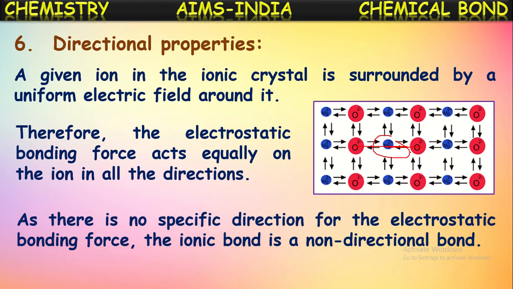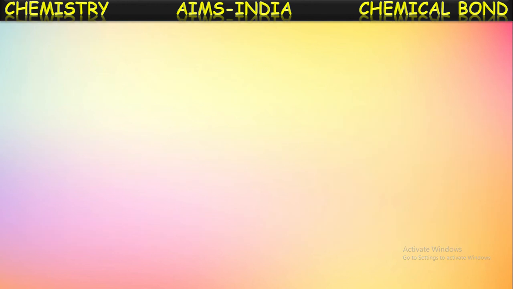As there is no specific direction for the electrostatic bonding force, the ionic bond is said to be a non-directional bond. There is no fixed direction for this attraction because each ion will be having attraction from all the directions from the oppositely charged ions. So we say ionic bonds are non-directional.